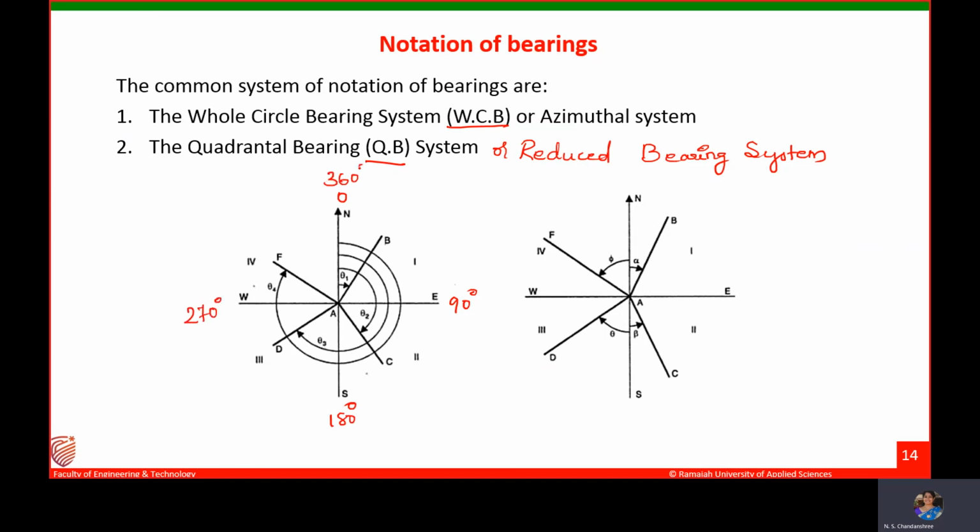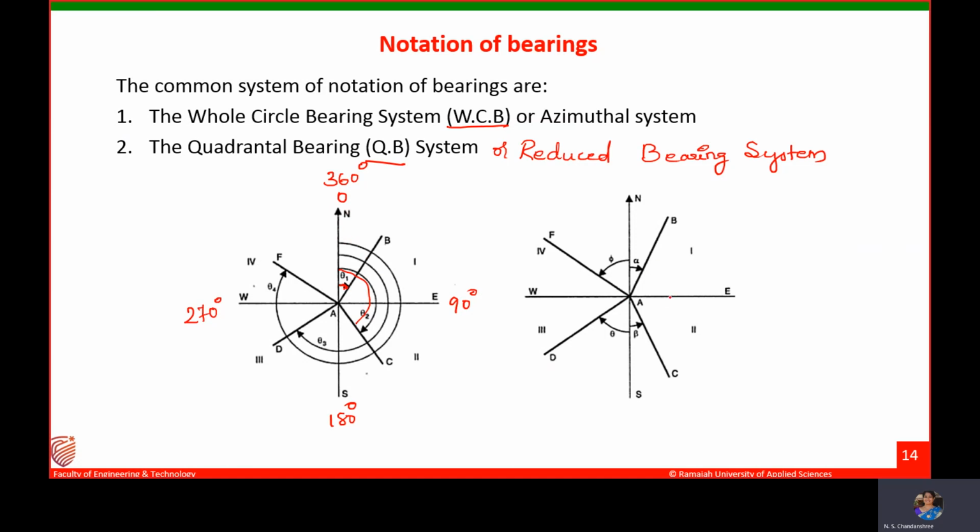Again it comes back here as 360 degrees. Now here you can see in this image, theta 1 is measured from north, theta 2 is also measured from north, theta 3 is also measured from north, and theta 4 is also measured from north. Irrespective of the quadrant in which the line is lying, the readings are measured from north only.